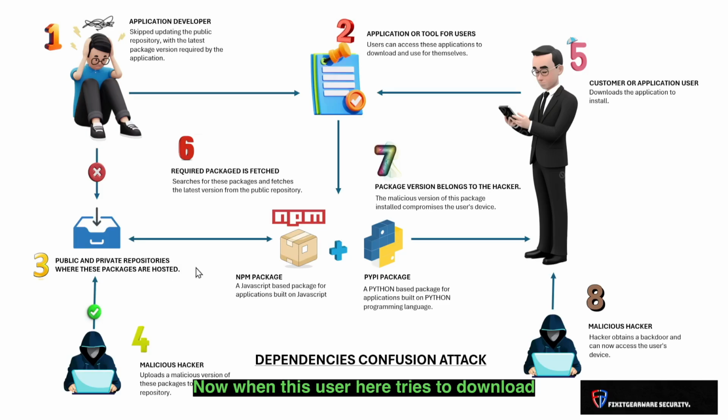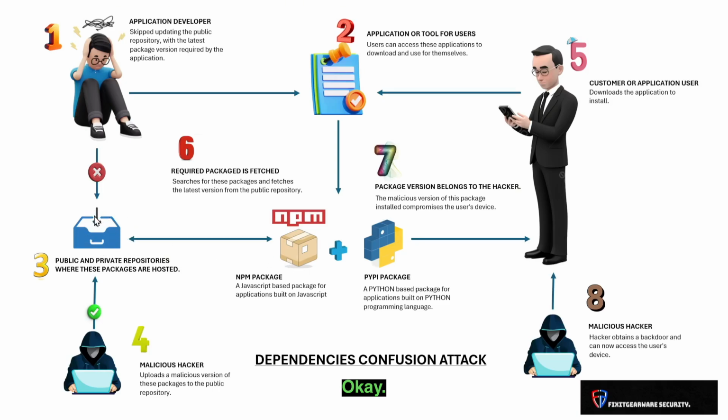Now, when this user here tries to download this application, it will need these requirements to be satisfied. So, like I said, if the application requires a Python package like XLJS, it will connect to this repository and try to download that package to be installed on the end user's device.